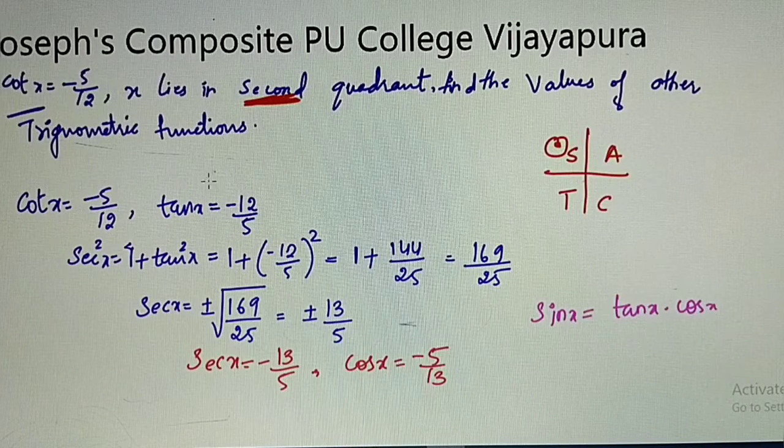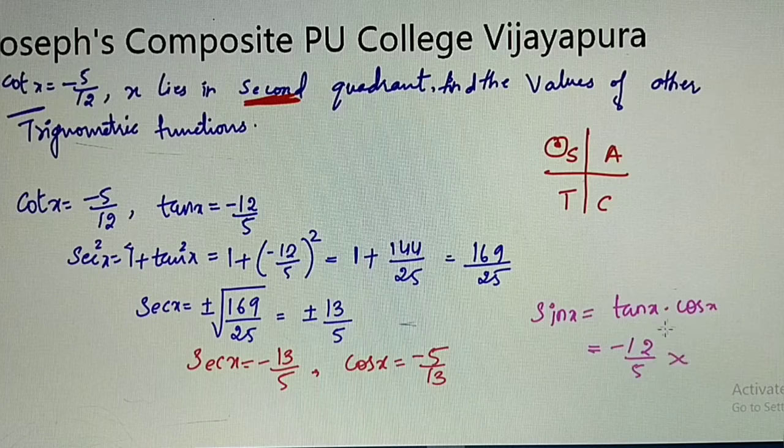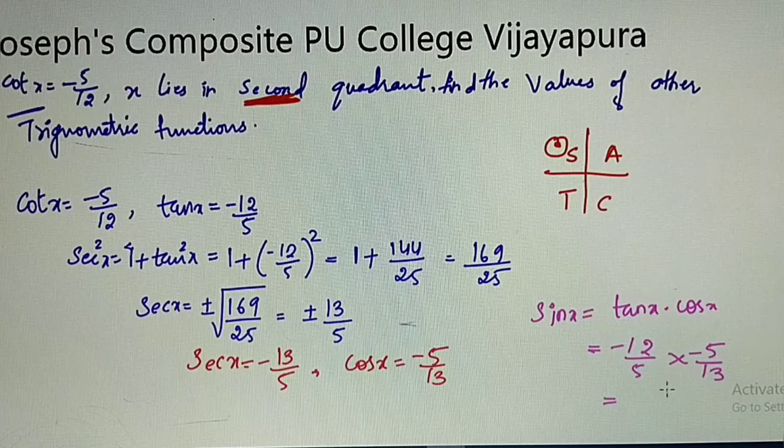Substitute here, because we already know the tan x value, which is minus 12 by 5, into cos x, which is minus 5 by 13. So multiply these two. This 5 gets cancelled and minus into minus is plus. So we get 12 by 13. So this is the value of sin x.